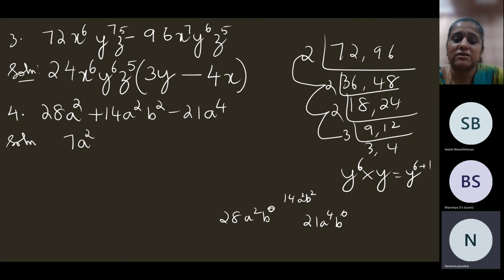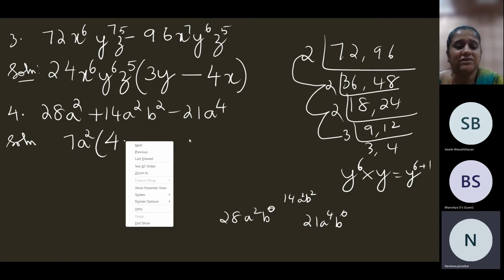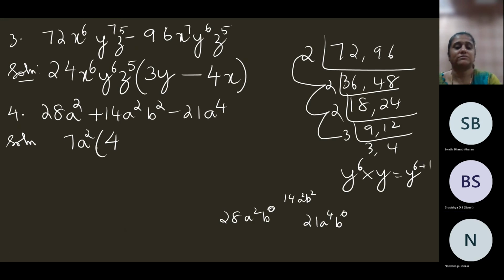Open bracket, 4a square we are all having, ma'am, so we need not write it. And we should write b to the power 0, ma'am. Sign. Plus.